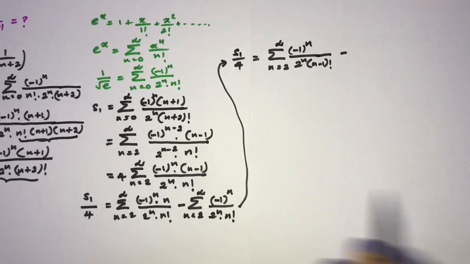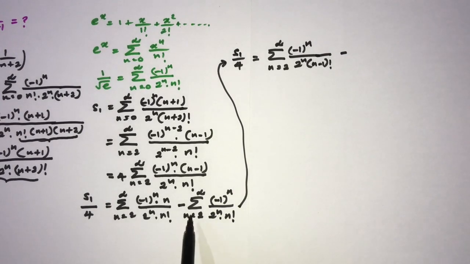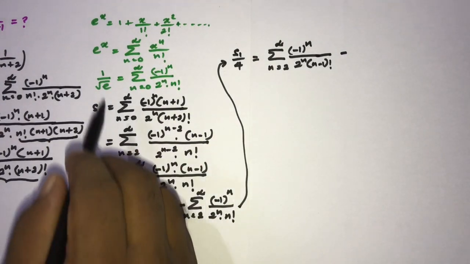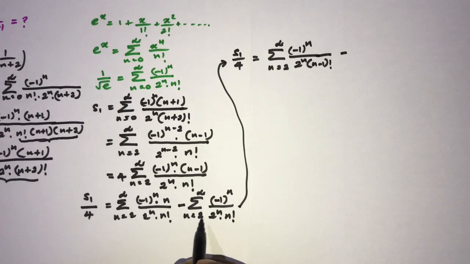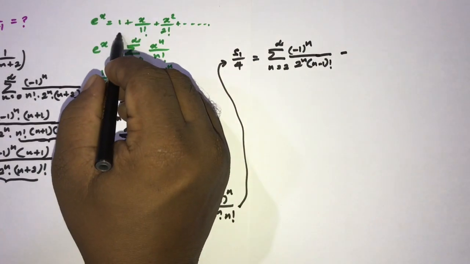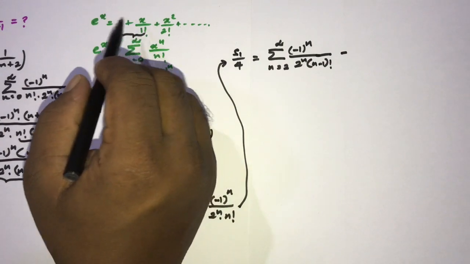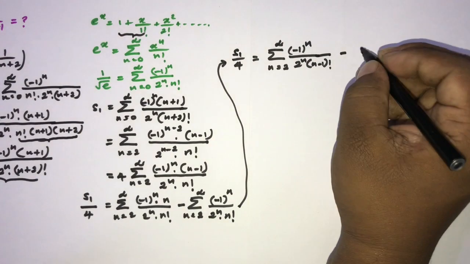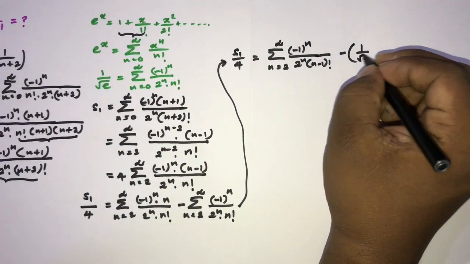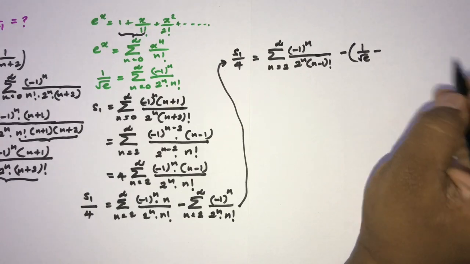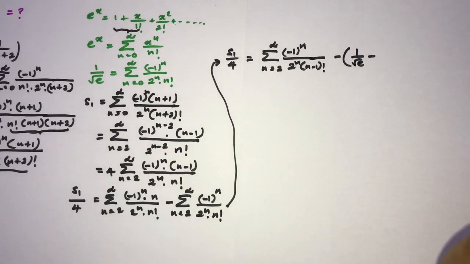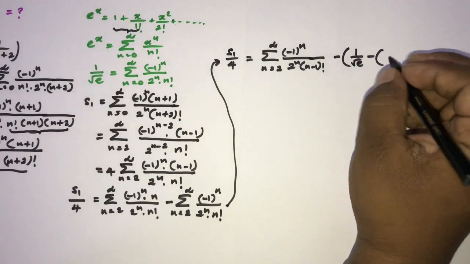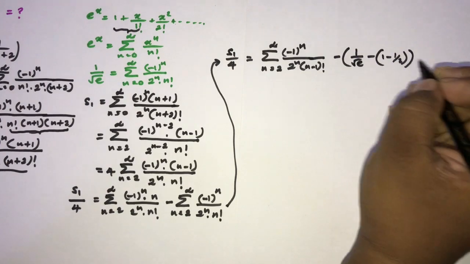And now this is familiar to us, because the sum from 0 to infinity of minus 1 to the n over 2 to the n times n factorial, we know is 1 over e, but if we start from n equal to infinity, we should subtract this part when x is equal to minus 1/2. So we can write this is equal to 1 over square root of e minus 1 over square root of e minus, now here 1 minus 1/2.